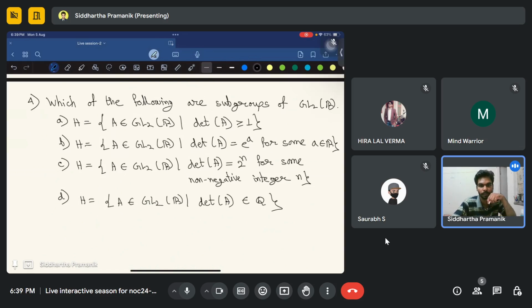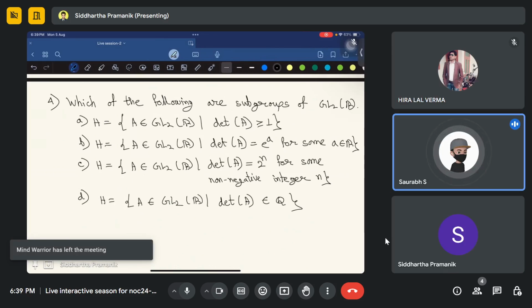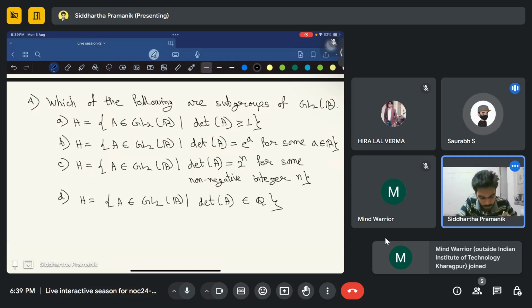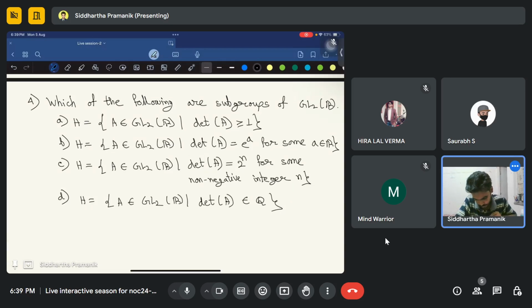Just think for a bit. First one is obviously a subgroup. Yeah, it is not a subgroup. Yeah, correct. What about the second one, is it a subgroup?